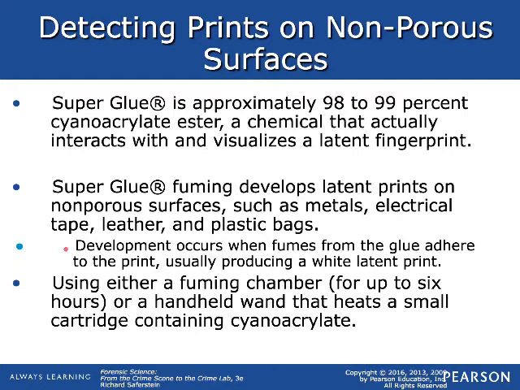The fumes from the glue adhere to the print, and usually the latent print will look white. You could use a fuming chamber, or there's also a little handheld wand, and it comes with a little cartridge that's got the super glue in it, and that heats it up and blows it out on it.